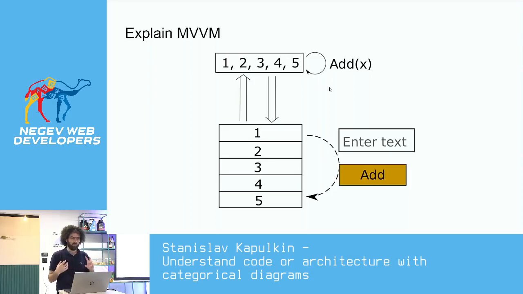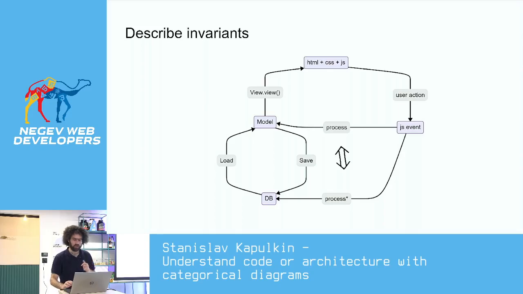What's important is that before it was just some drawing, but with the idea of a functor, this diagram has a strong mathematical notion. What we can do more is describe invariance on the diagram. This diagram again shows that we have 2 ways to process data and they're equivalent. And this is not just a picture, it has a strong meaning.